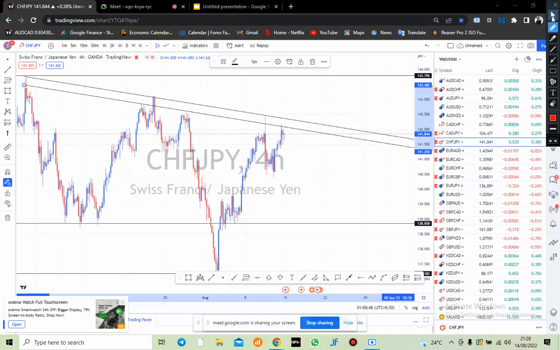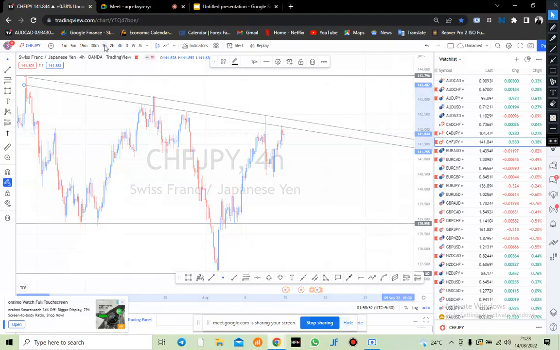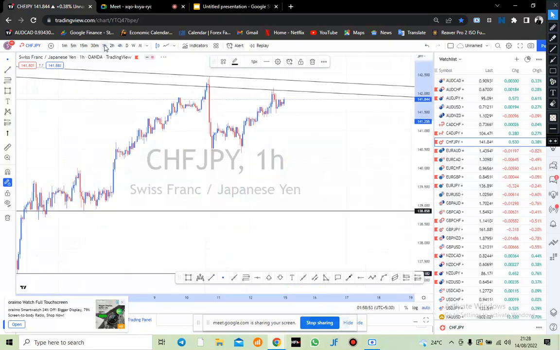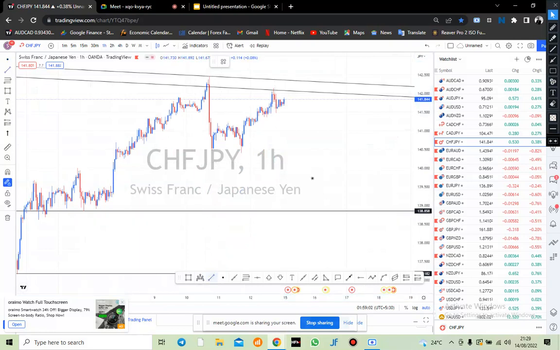So what I'm going to do, I switch down to the 1 hour time frame. What am I looking for on the 1 hour time frame? I'm looking for confluence that will give me the opportunity to start selling, which is some kind of consolidation, breakout, then the price starts right from this level.